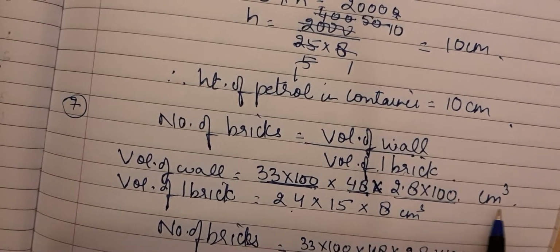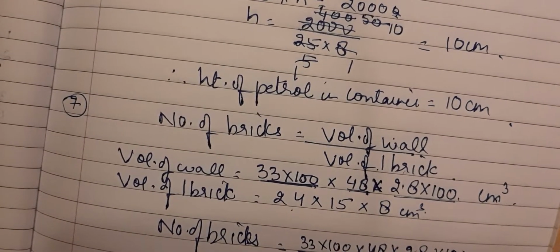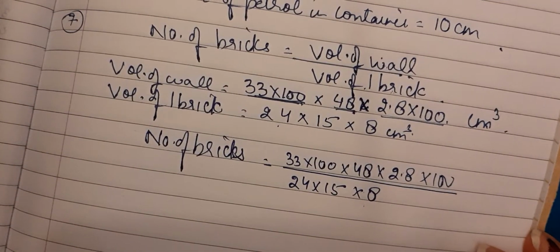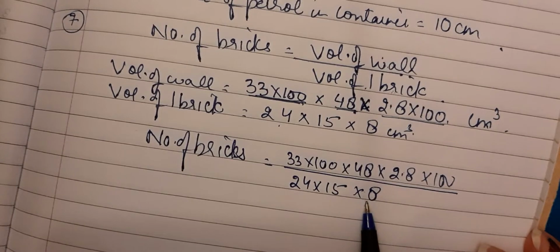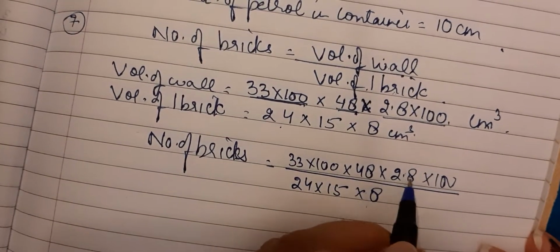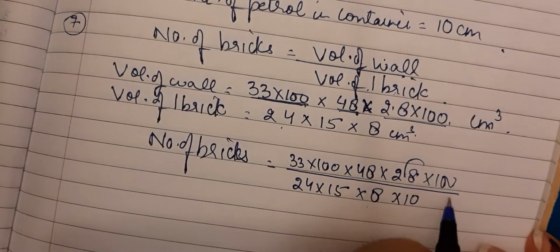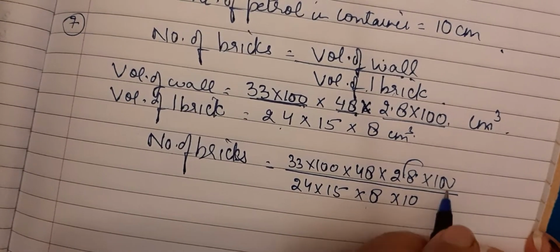Now this is in centimeter cube, this is in centimeter cube. Both are now in the same unit, so we can cancel. We can divide. Now remove this decimal point. It will be divided by 10 in the denominator. Now you can cancel 10.